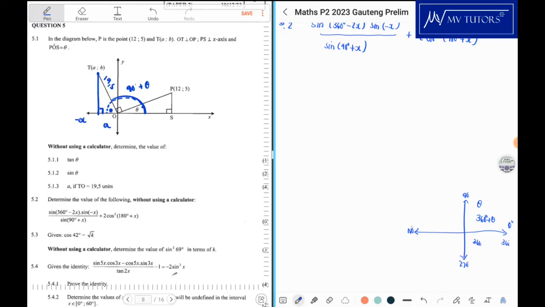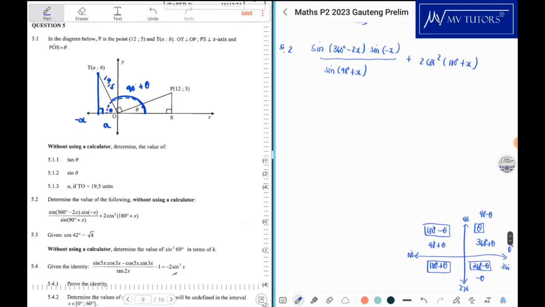Here we have 360 minus theta, we have negative theta. There we have 180 minus theta, we have 90 plus theta. Here we also have 90 minus theta, but the main one in this quadrant is theta. Then we have 180 plus theta. I think let's just leave it there. The main ones is what I'm going to just highlight over here.